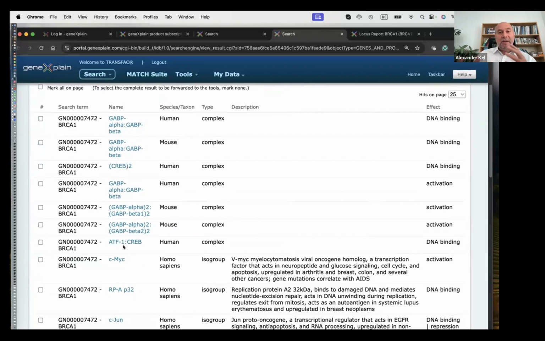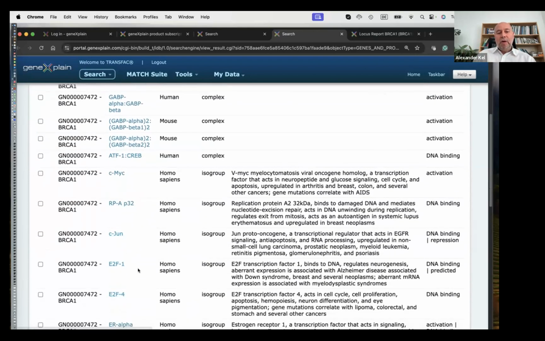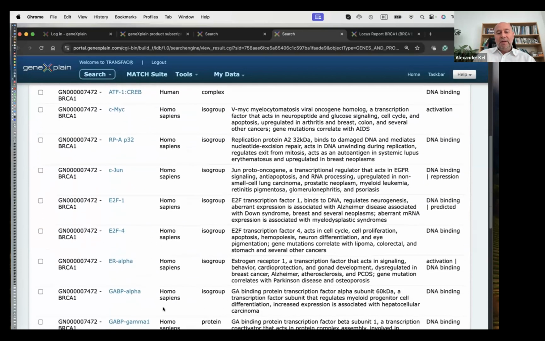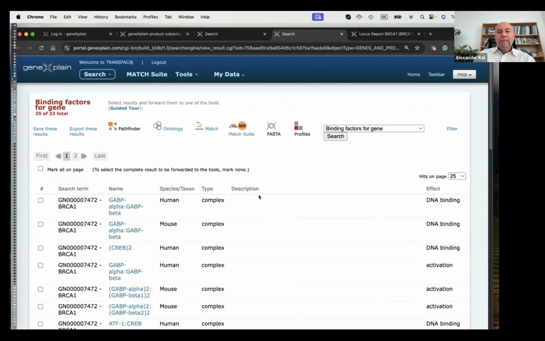The transcription factors act not just as individual proteins or peptides, they act as complexes, they act as heterodimers and so forth. So we have all this information here in the database: c-Myc, c-Jun, E2F1. So we have a list of transcription factors which are regulating my gene, BRCA1, right? And quite many of them.